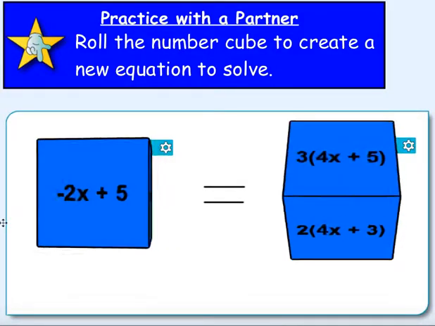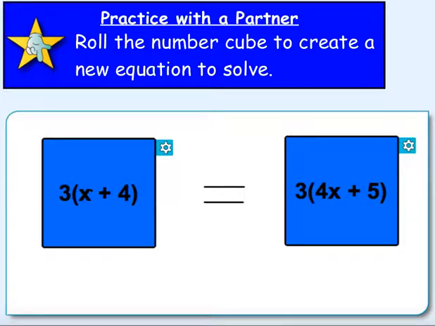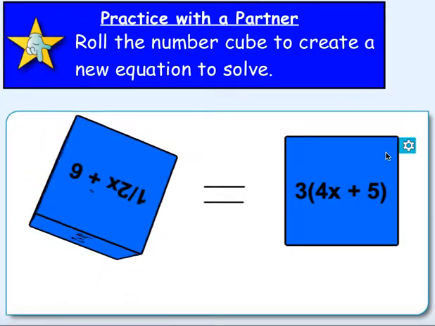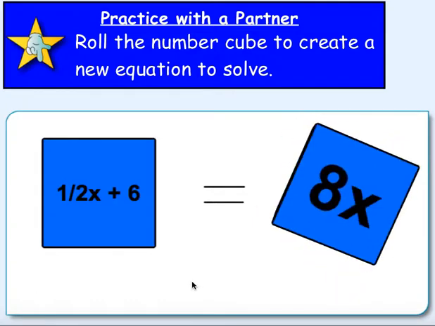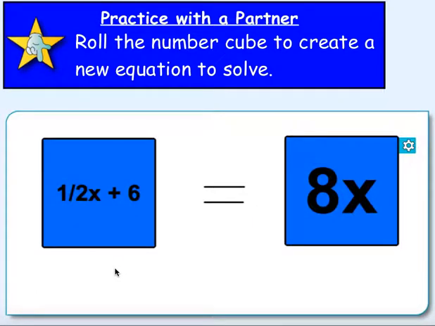Let's create a couple examples right here. So let's say, let's roll this dice. Okay, so my equation is 1/2 x plus 6 equals 8x. Okay, so let's write that out right here.